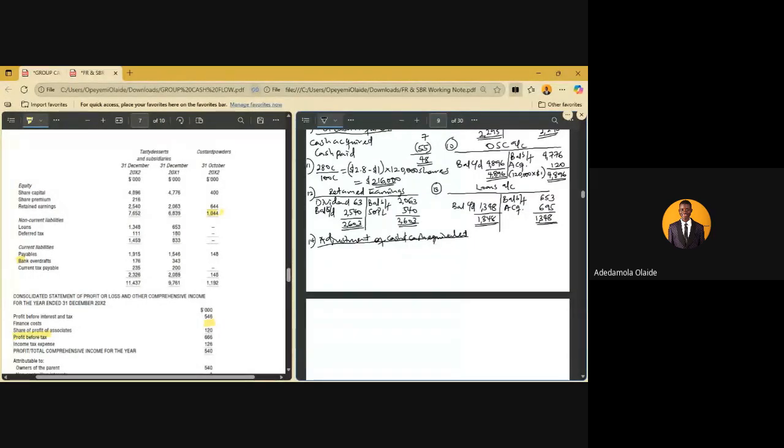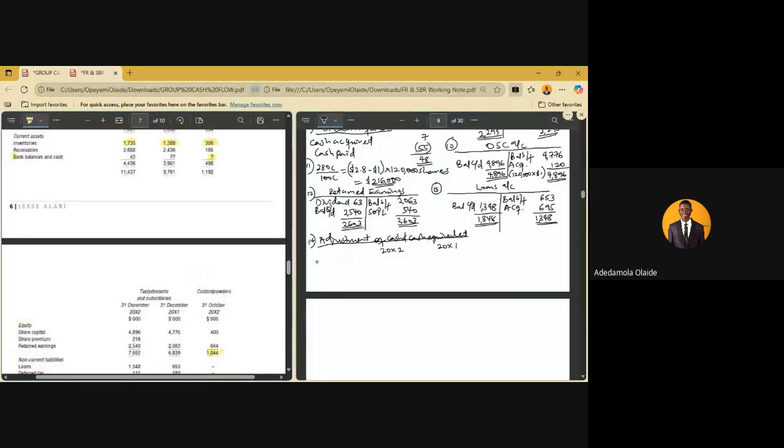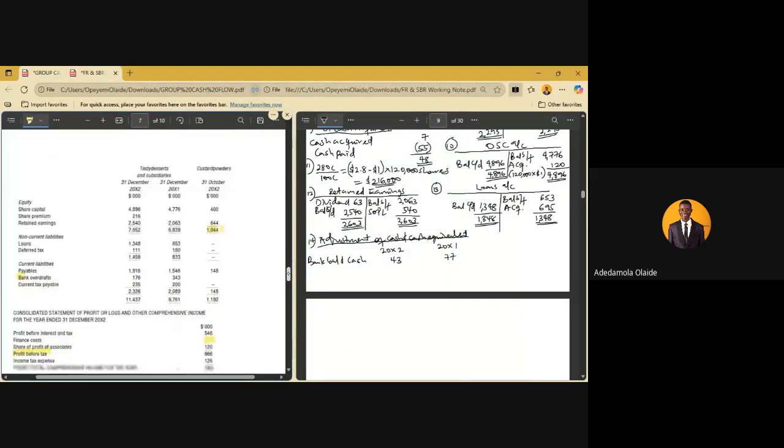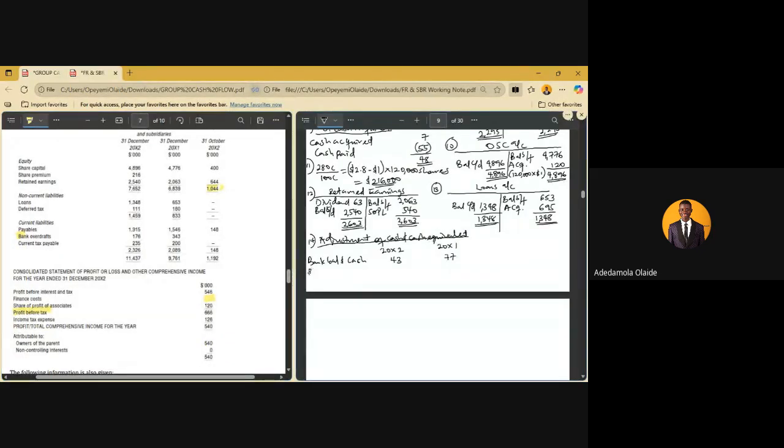So what do we have? 20x2, 20x1. We have bank balances and cash, 43 and 77. Bank overdraft is what? 176 and 343.